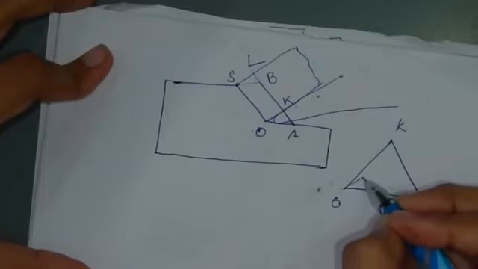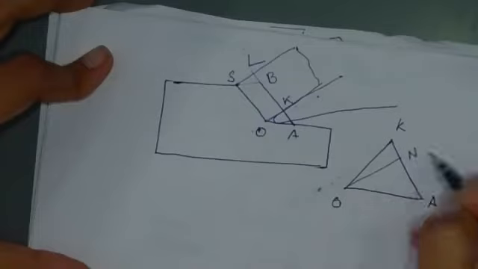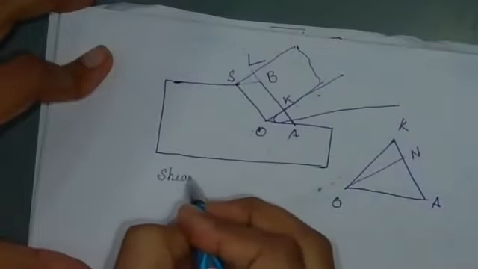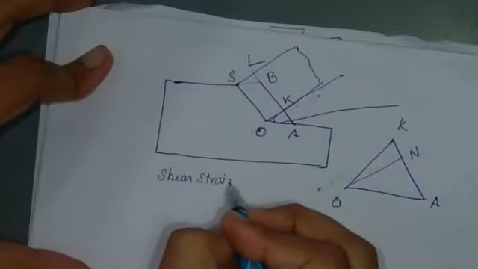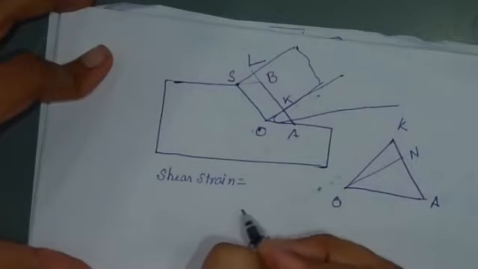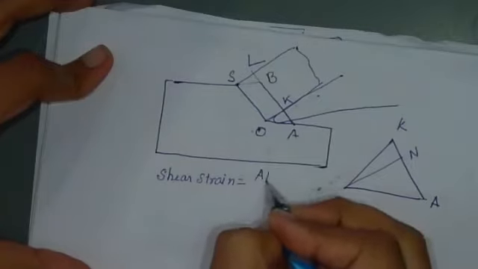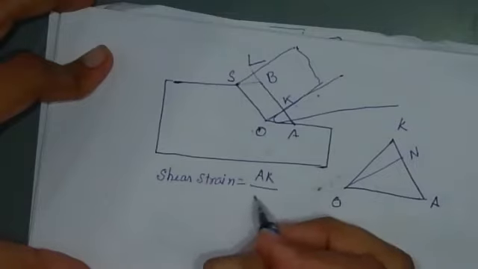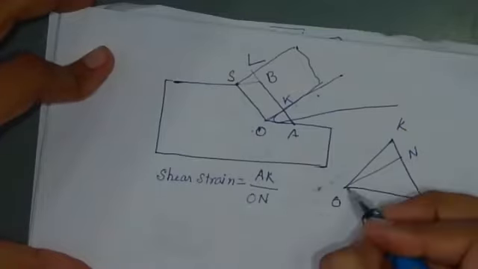And if we draw a perpendicular here on this line KA, then shear strain, if you remember from strength of material course, is simply defined as the ratio of AK over ON. This is nothing but tan phi.